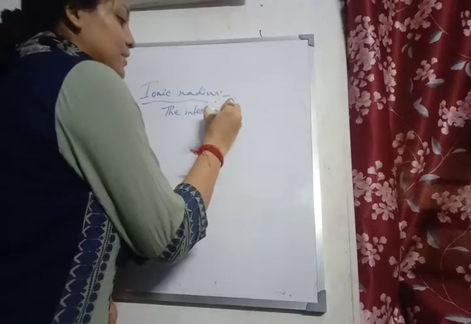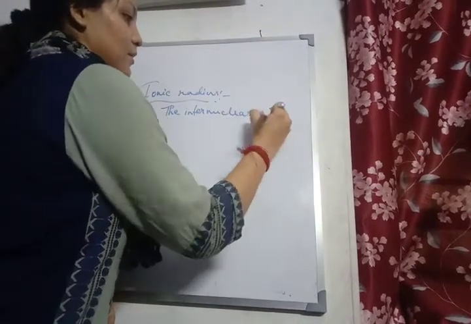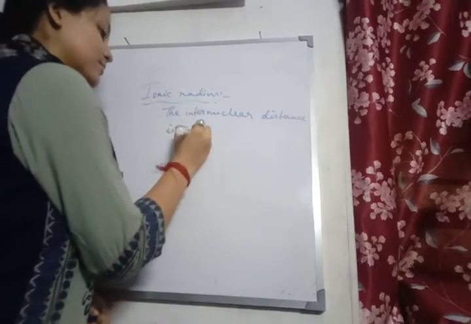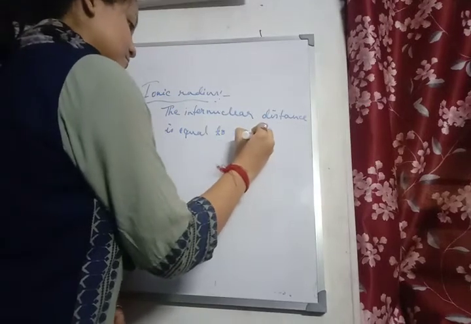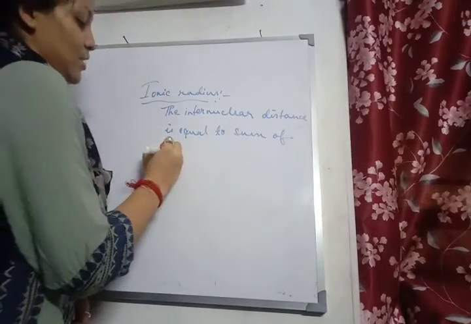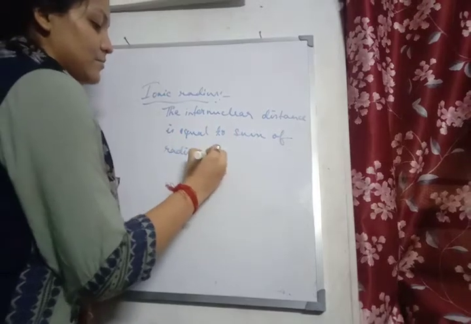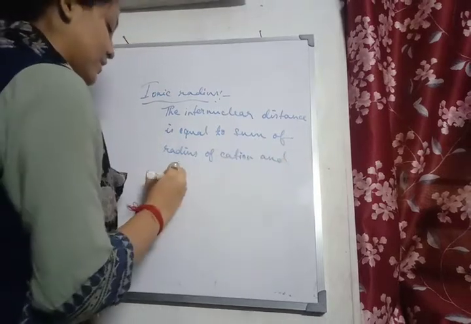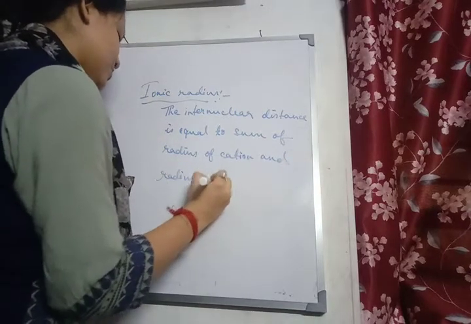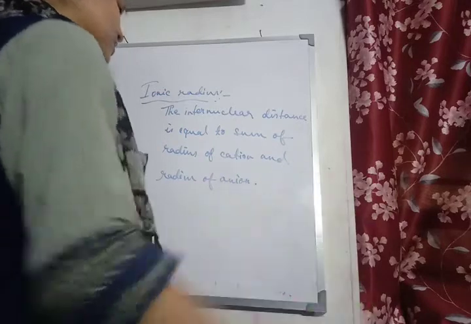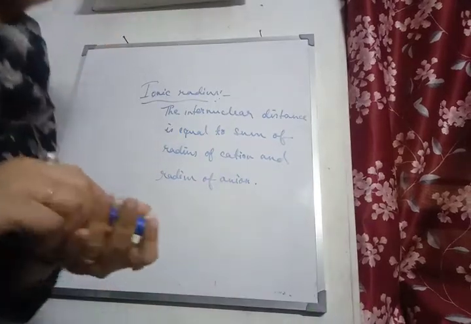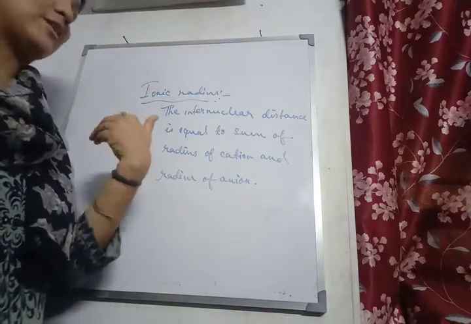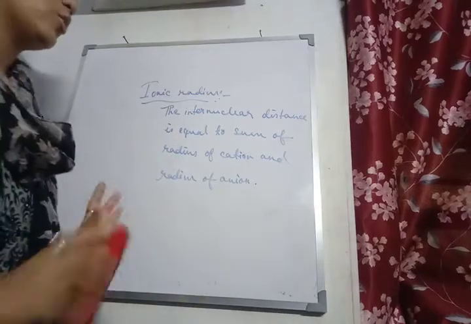Here the internuclear distance is equal to the sum of the radius of cation and the radius of anion. So these are my types of radius. As I cannot directly measure the atom's radius, I have to represent it in terms of internuclear distances, and then I am calculating all these things.